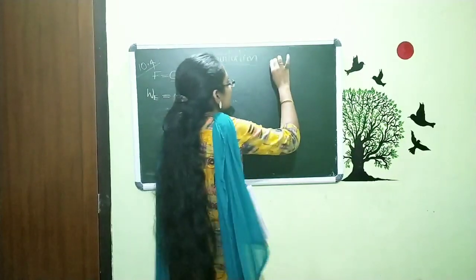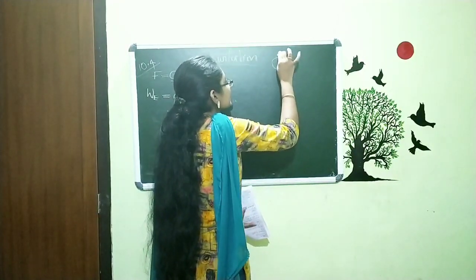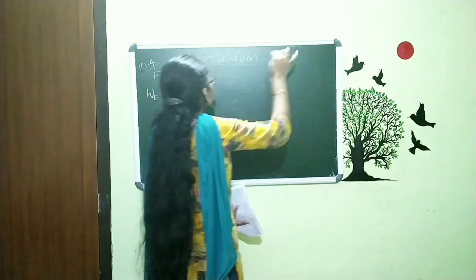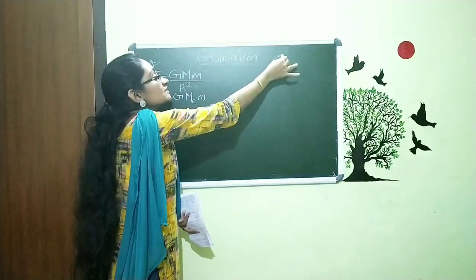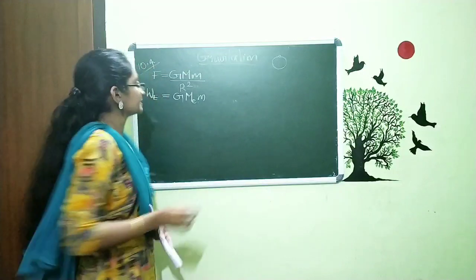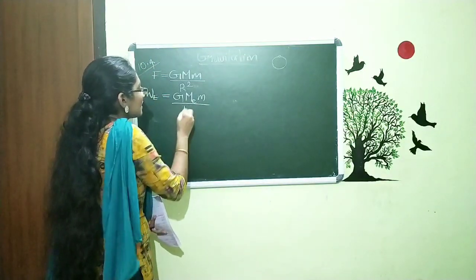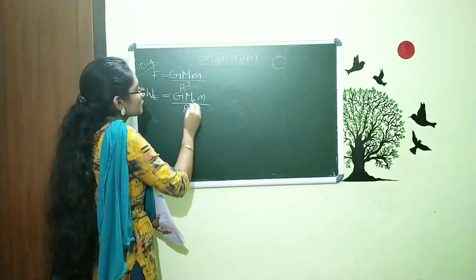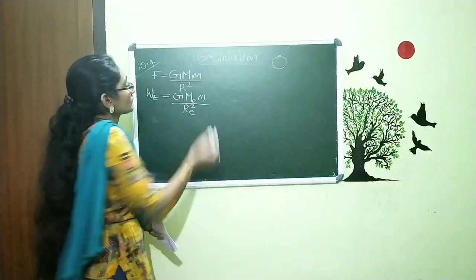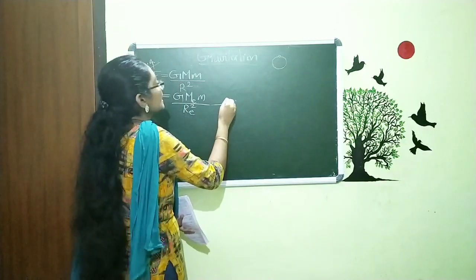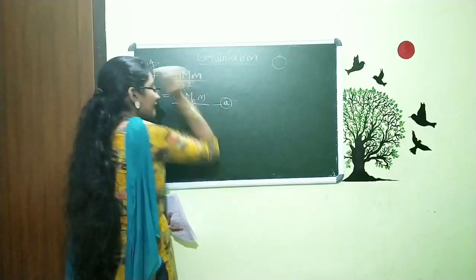We are talking about one object at the surface of Earth. And r is the radius of Earth, square. So this is equation A.